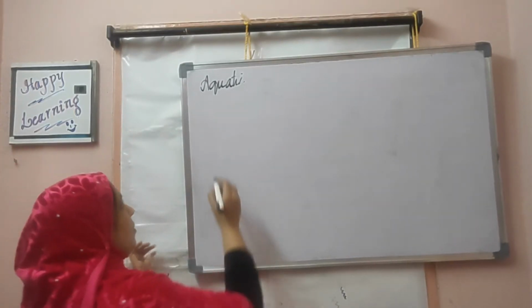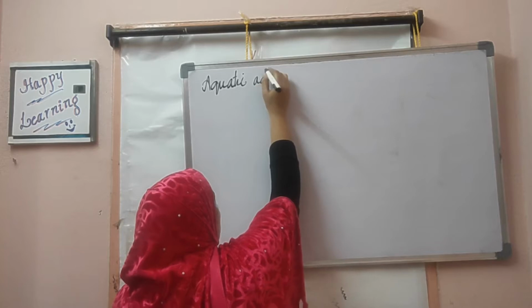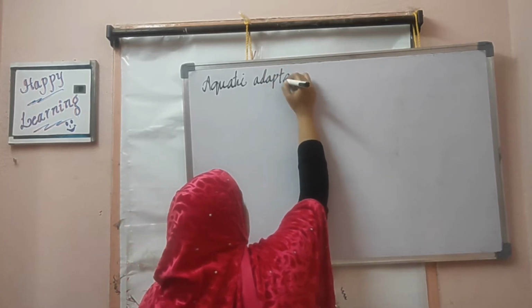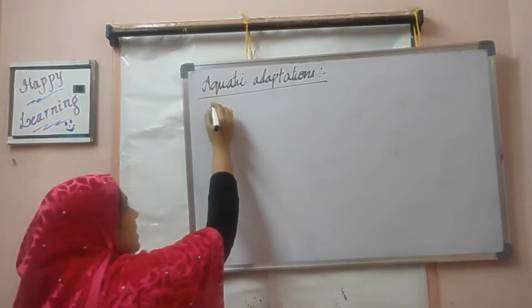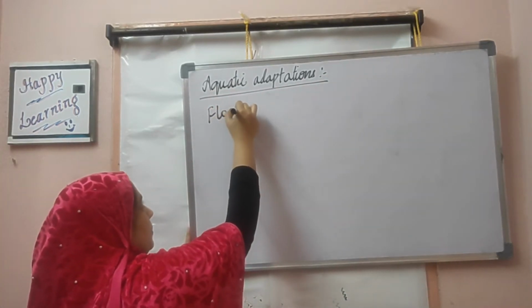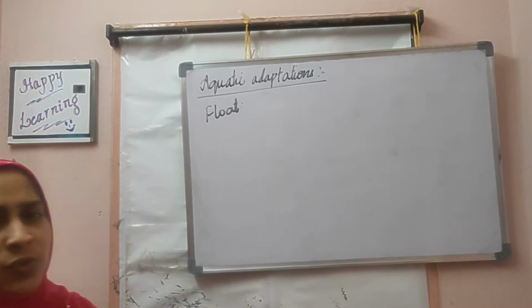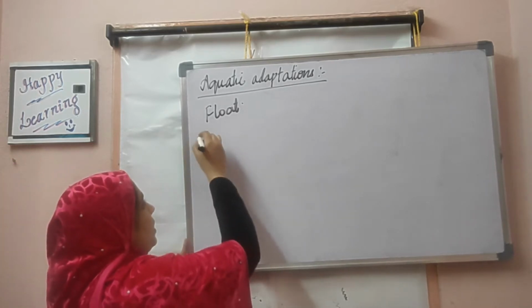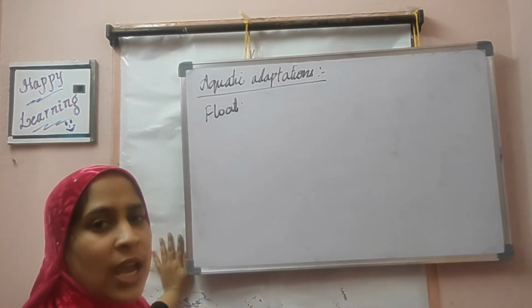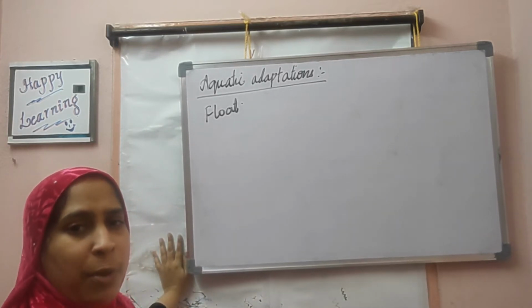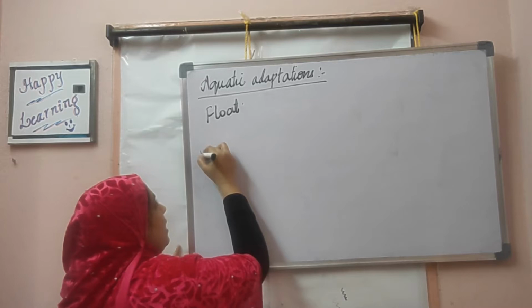General common aquatic adaptations. All organisms that live in aquatic habitats need something to float. What are the adaptations for floating? First, let us see in plants. When we studied tissues, I told you about a type of parenchyma called aerenchyma.